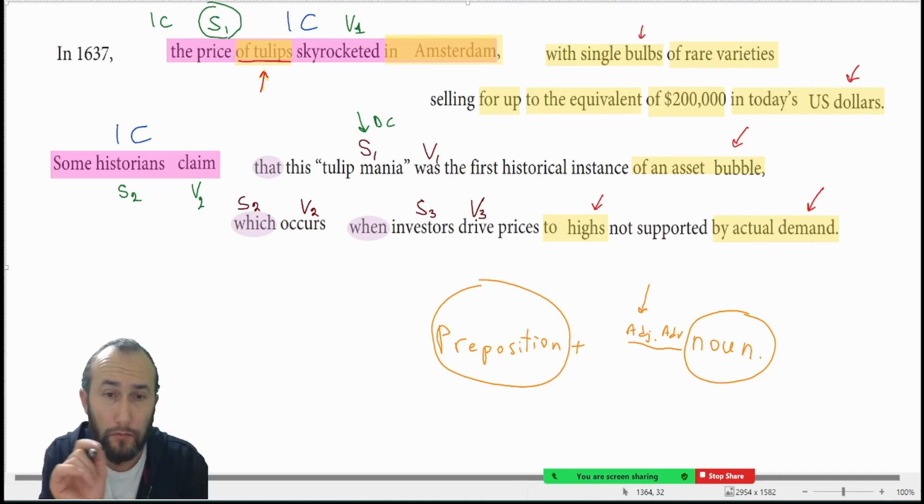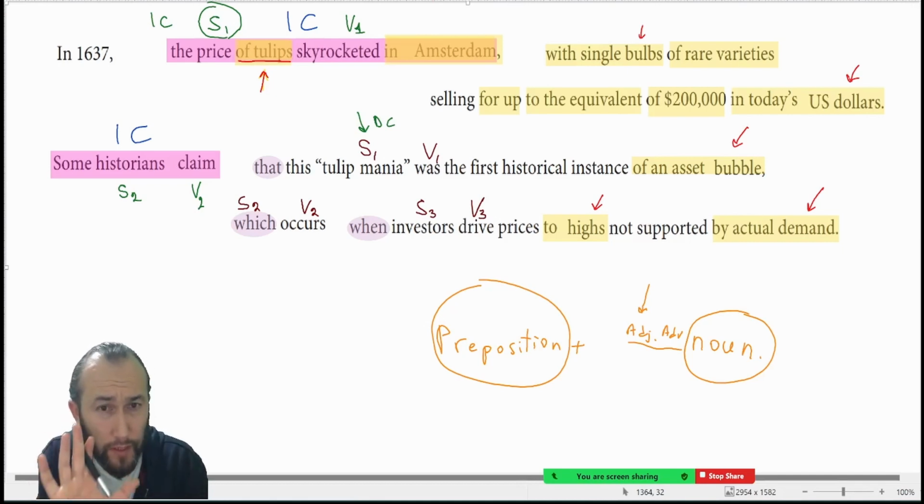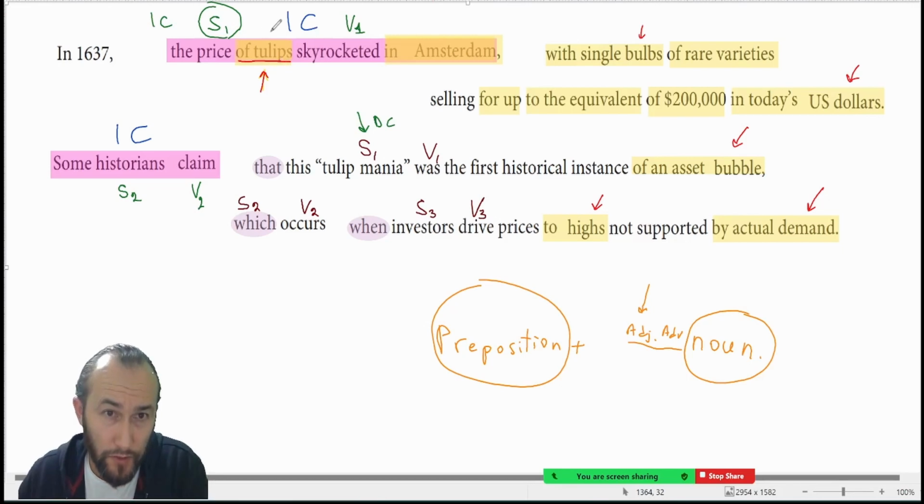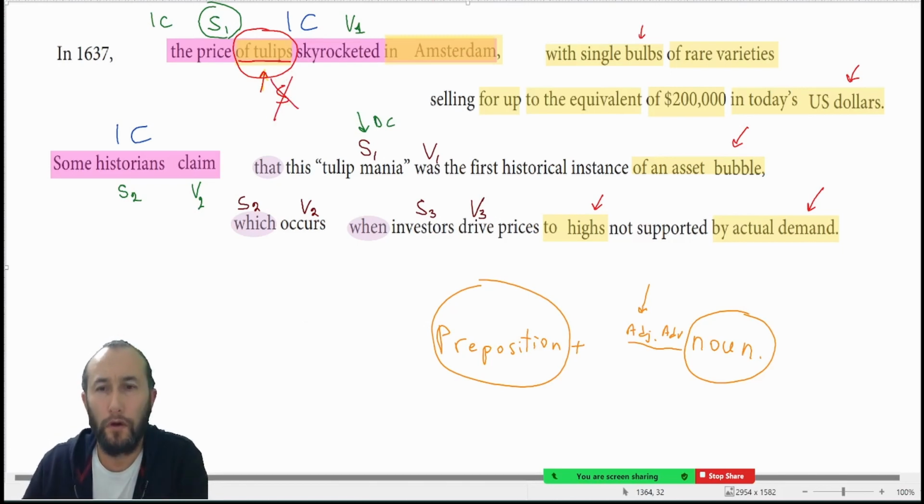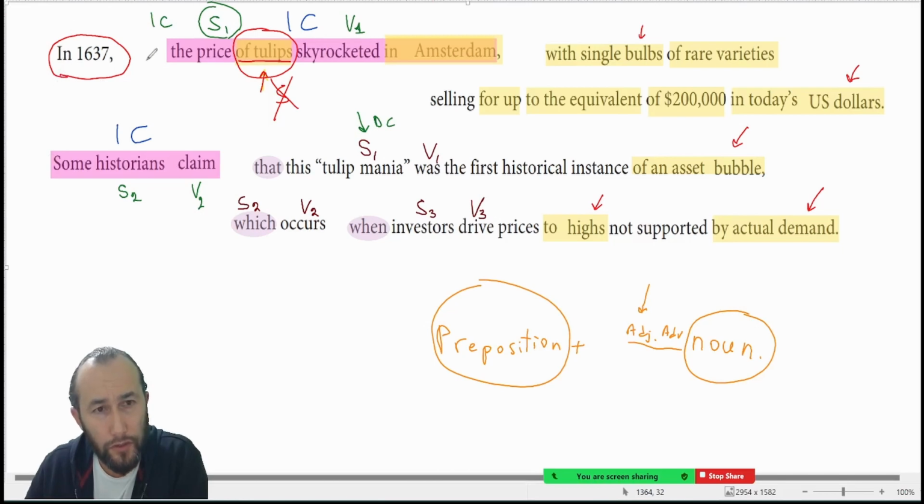So don't forget that prepositional phrases can never come as subject. For example, here, this is a very risky position. A lot of students take tulips as subject. That is wrong. Okay, so this one here we call an introductory phrase because it's introducing, in 1637.